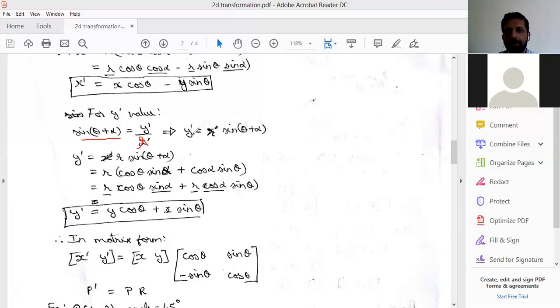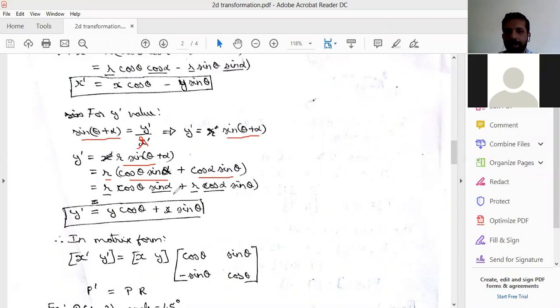So y dash is equal to r times sine of theta plus alpha. Once we rewrite this, sine of theta plus alpha can be written as cos theta sine alpha plus cos alpha sine theta. It is already multiplied by radius r, so once we expand and remove the brackets, it is going to be r cos theta sine alpha plus r cos alpha sine theta.